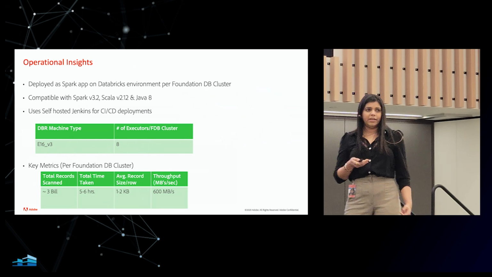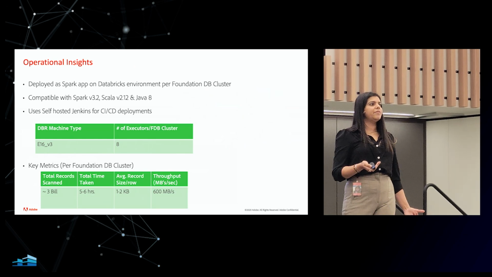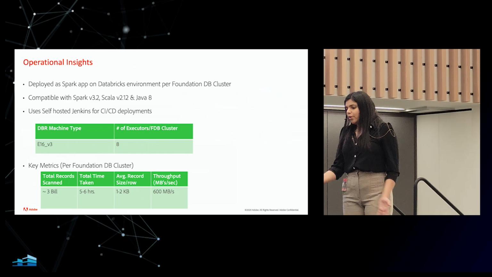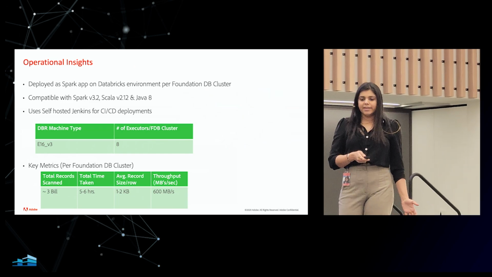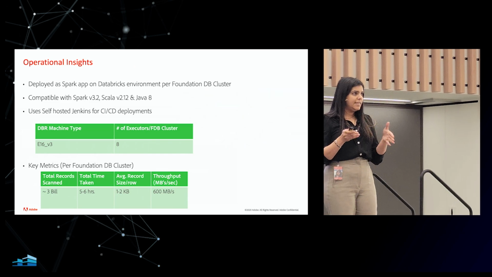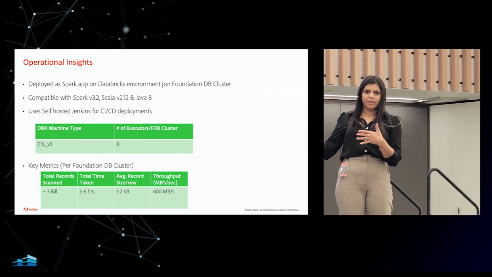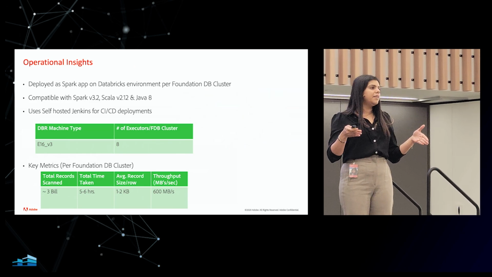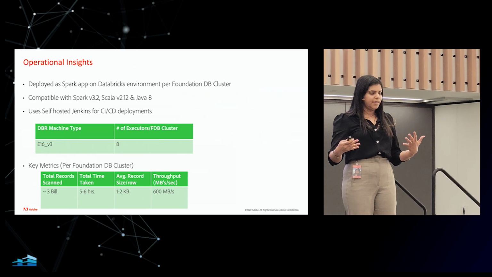You might be wondering how much time it takes for this connector to scan. One thing I'm calling out here is that when we are scanning the database, we are doing it sequentially per subspace, so these are not parallelized. That's why you'll see a little bit higher amount of time, but this can always be optimized to start multiple Spark sessions in parallel and read the data.